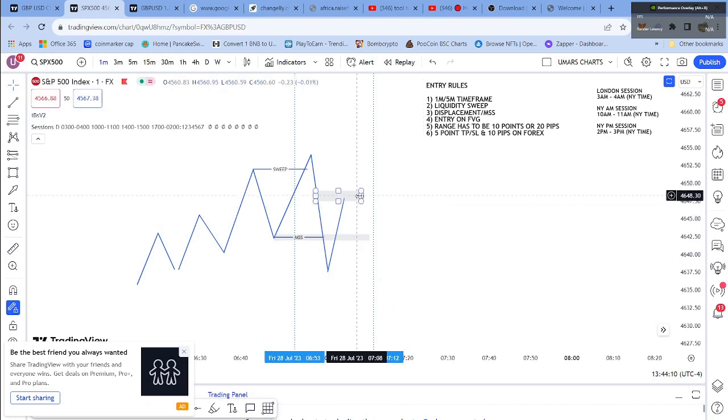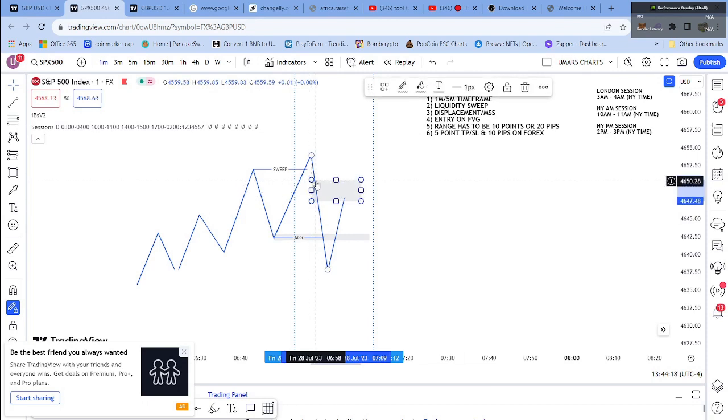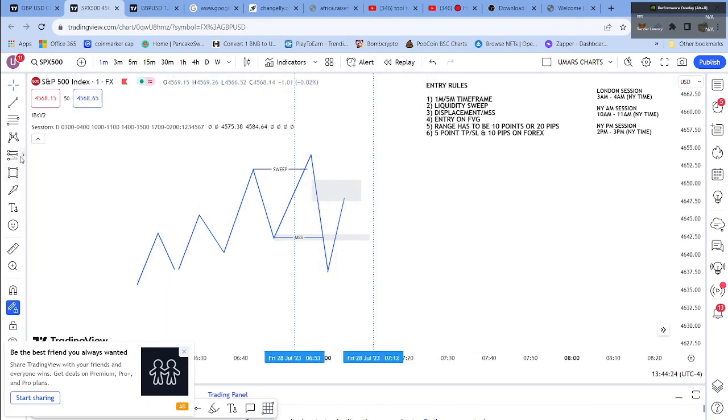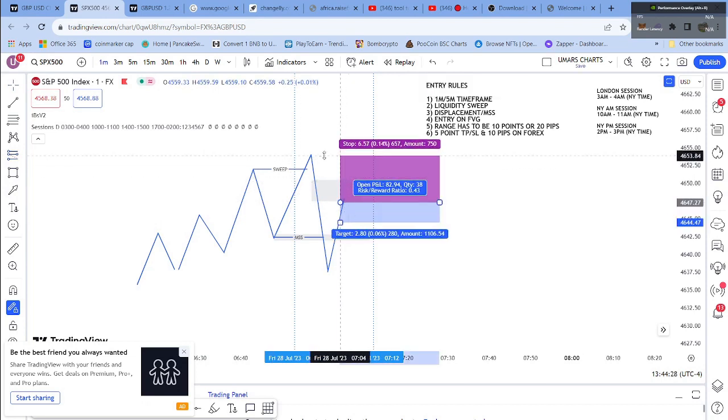After identifying your range, you then look for your fair value gap. You mark out your fair value gap. After marking out the fair value gap, you then can look to take your entry. So you set a limit.